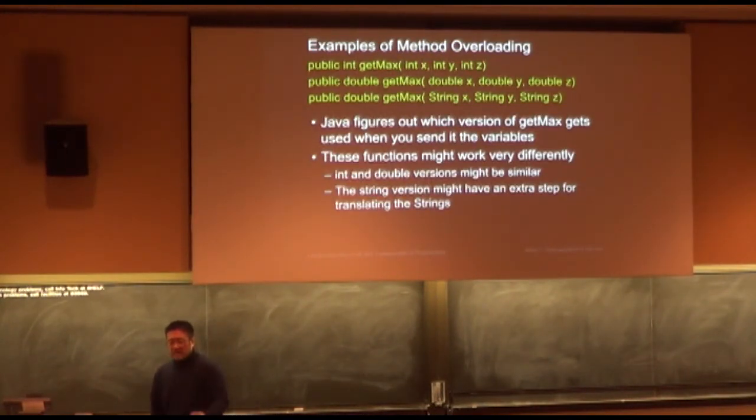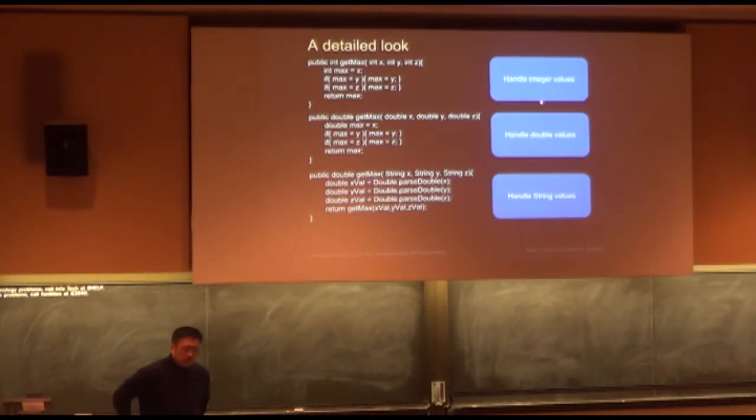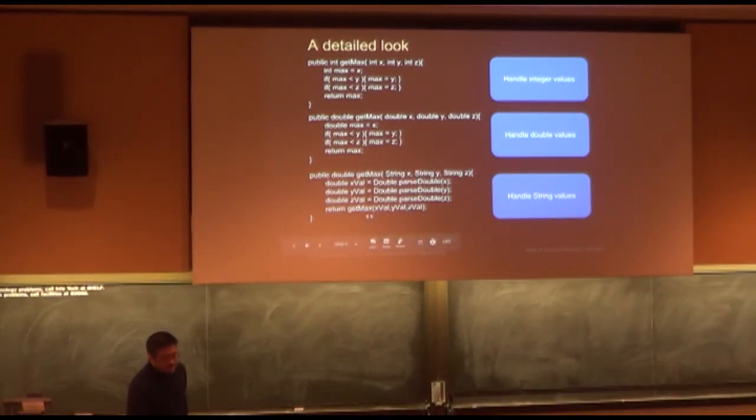So, for example, I can have these different methods called getMax, and they can return integers or return doubles, or they can take integers as inputs or doubles as inputs. So Java has to decide when it runs getMax exactly what's going to be called. In this example, I've got int getMax and double getMax.